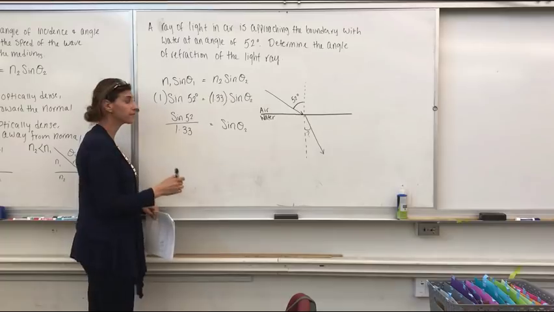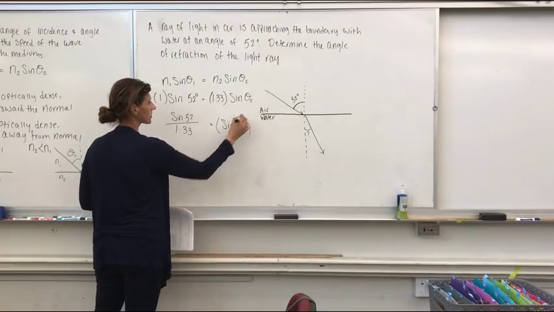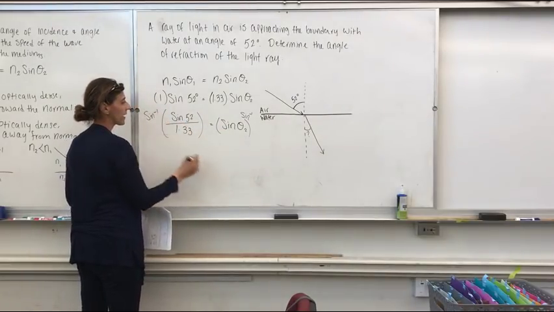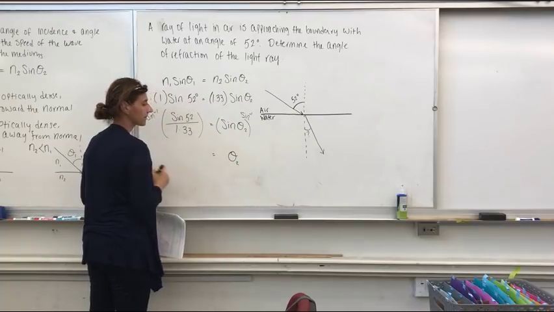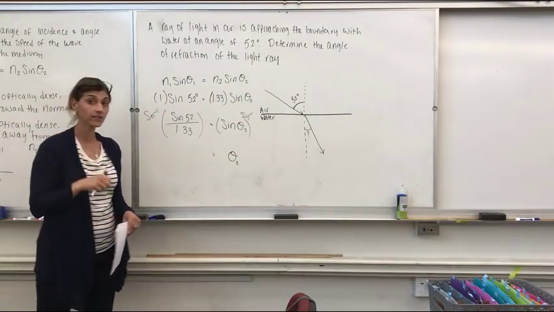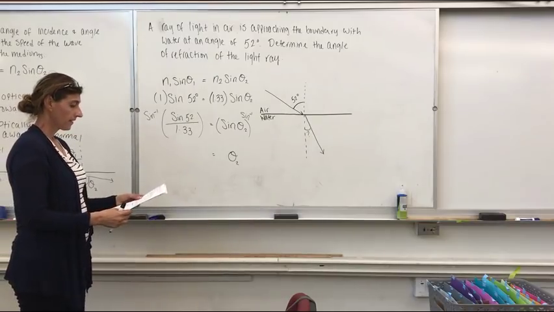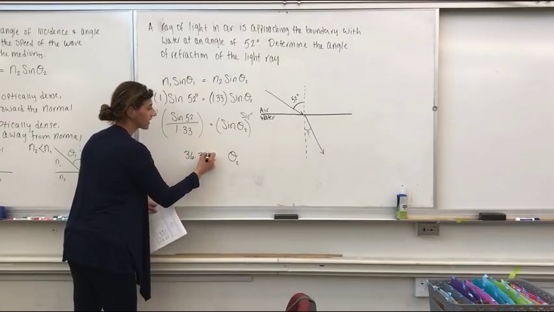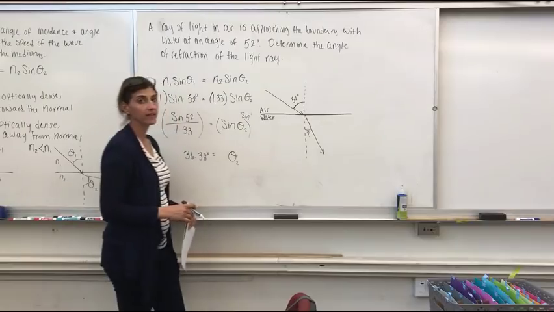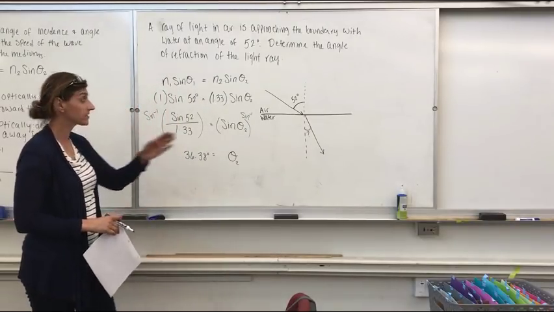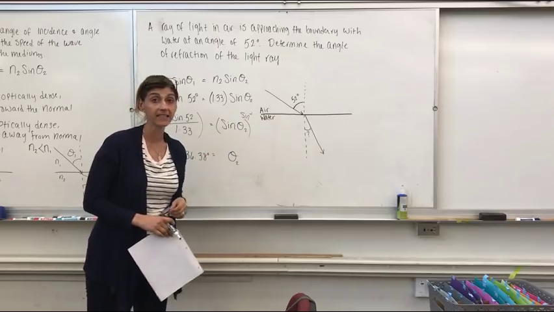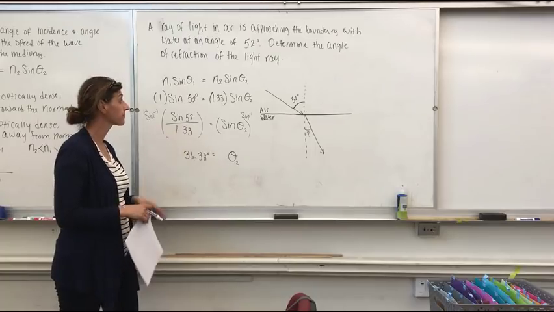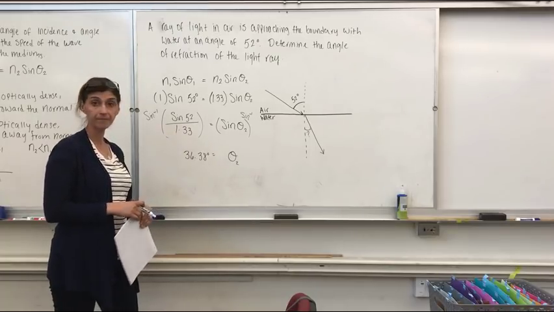And then you have to take the inverse sine of this to actually find theta. So go ahead and pause the video here, do that on your calculators. Okay, hopefully you got 36.38 degrees. That is the angle at which it goes through the water. So you can see that the angle is very different because the water is more optically dense than the air. If you did not get this and you know your math is right, make sure you're in degree mode. That will make a difference. Okay? Okay, see you back in class.